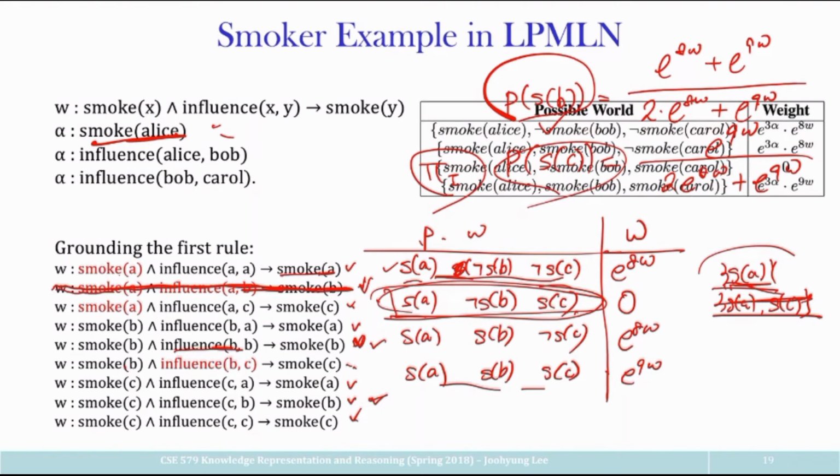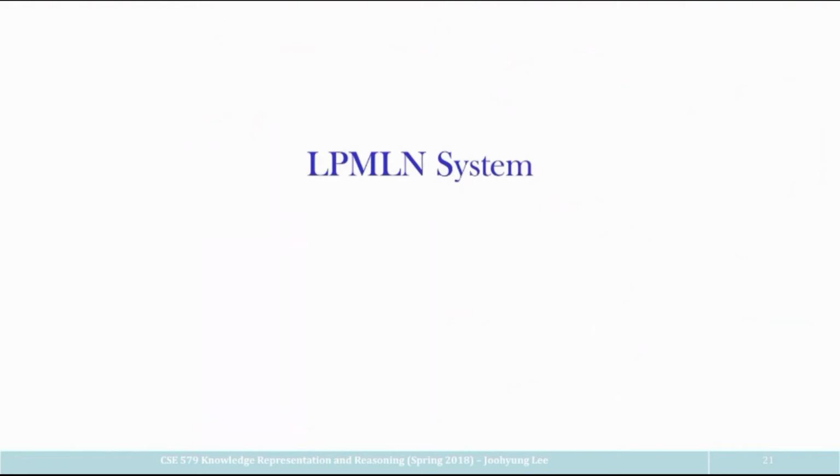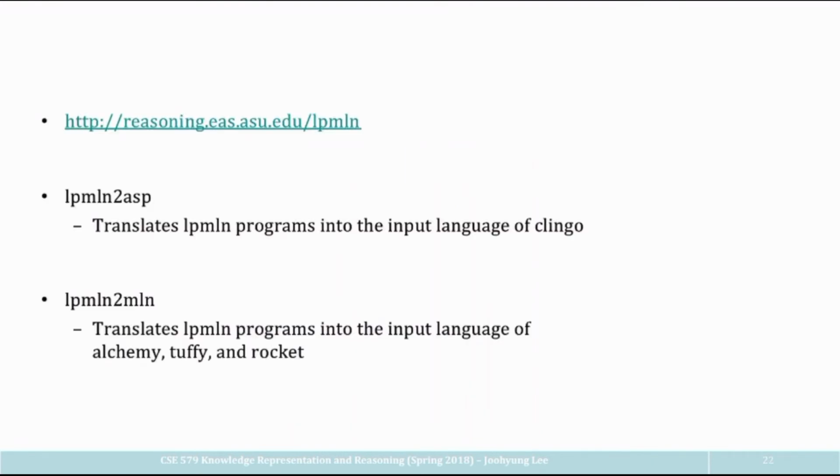All right. I think this was kind of heavy in the computation, so let me entertain with some other things now. Let's talk about the system that you can play with. There are 2 versions of the system, 2 different implementations of LPMLN, which you can download from this link.